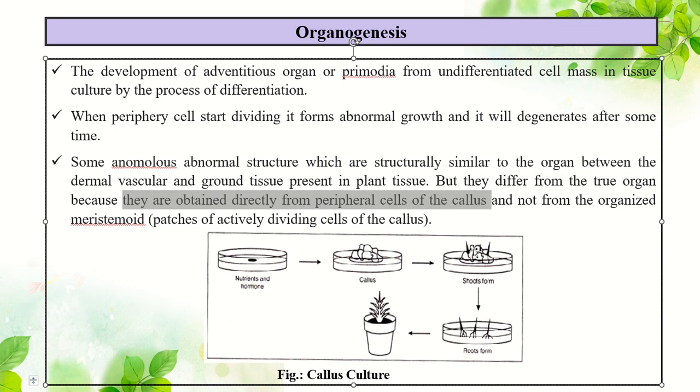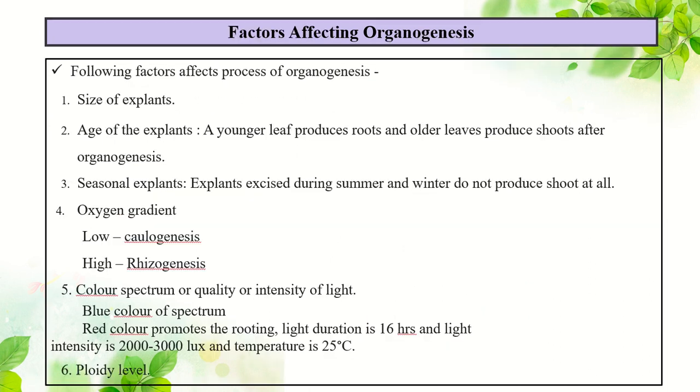So here you will not find as such shoot formation. The callus you are cutting will form like this; where more shoots are there, one leaf is coming, you cut that and put it in transfer media. Similarly, you will find organogenesis from unorganized meristemoids, or patches of actively dividing cells of the callus.